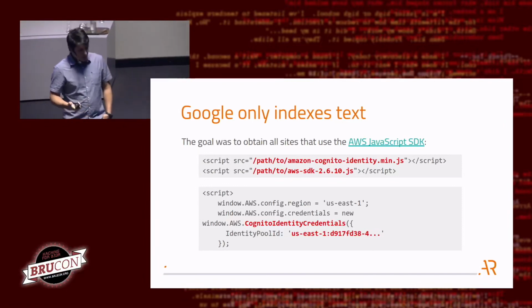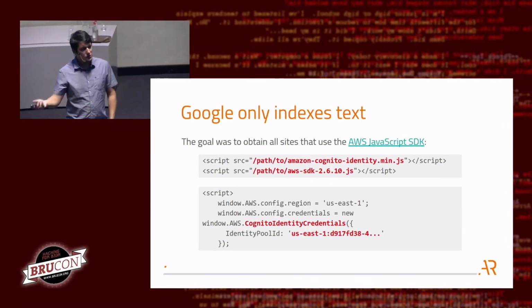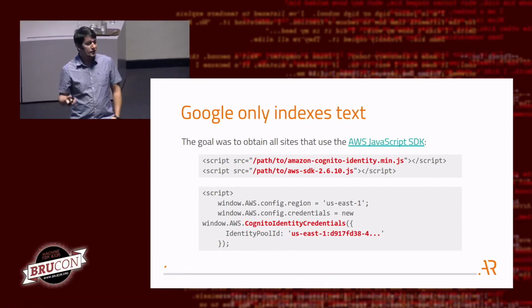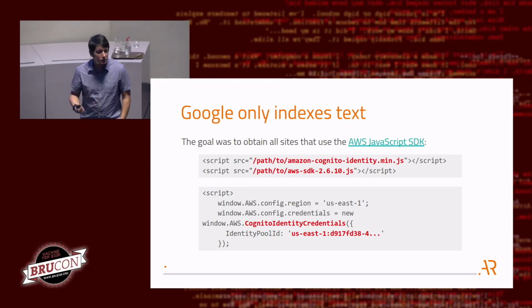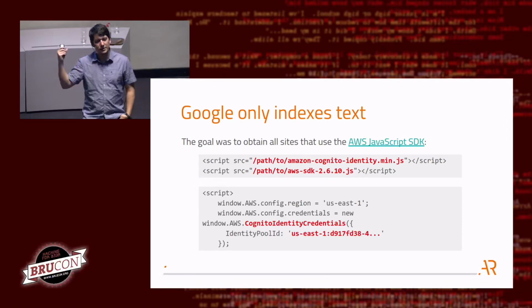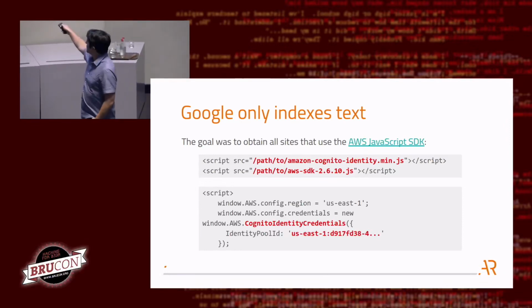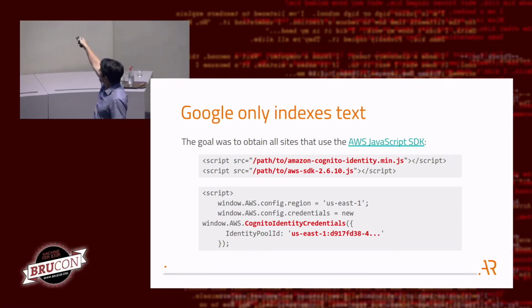You're not going to find applications that use this service. The reason is that Google is going to index the text content of a page. Google doesn't index the content of a script tag. And I wanted to search for this, which is inside a script tag. Or I wanted to search all the pages that were doing this.